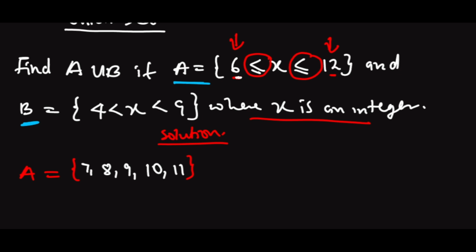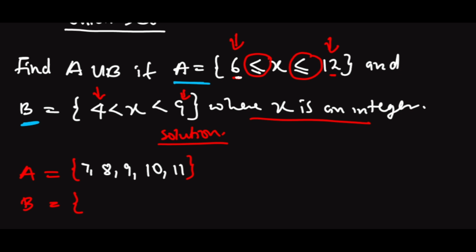Then we move on to list our elements for B. Our B is going to be equal to, so we look at the intervals and then we list the numbers in between. So that's going to be from 5 to 8, because 4 is not included because there's no equal to under here and under here, so we don't add those numbers.